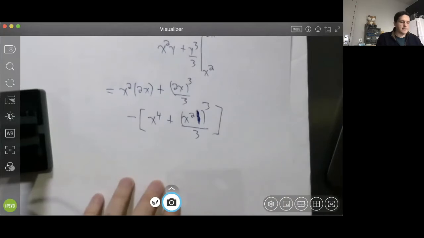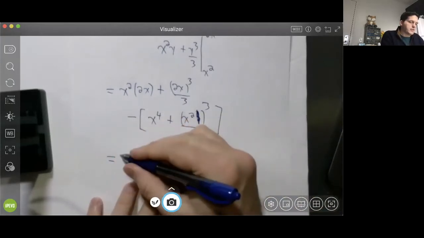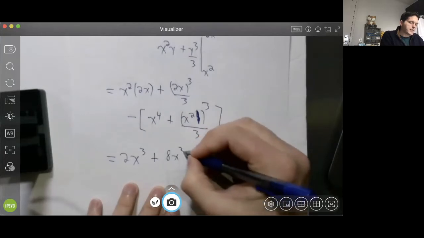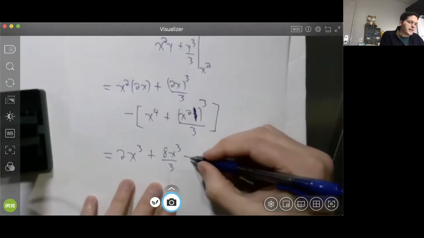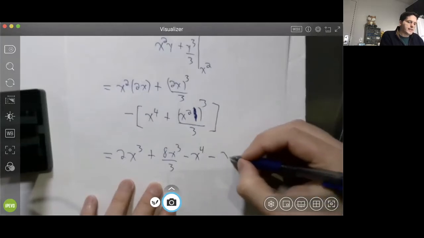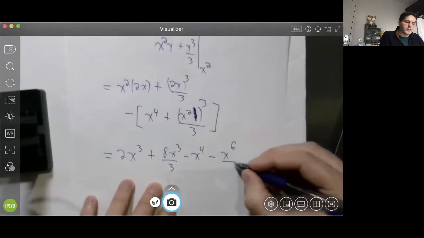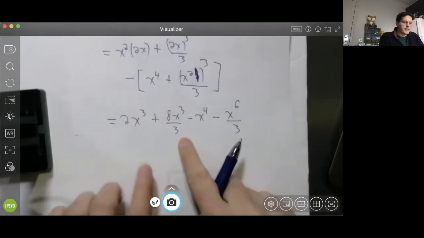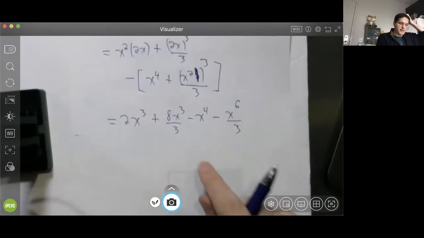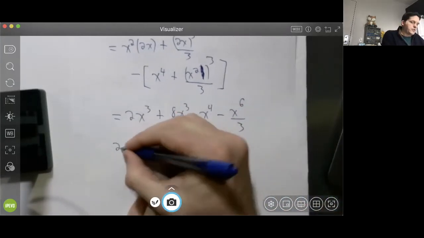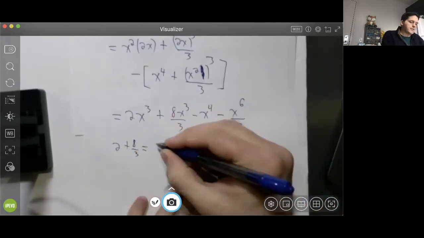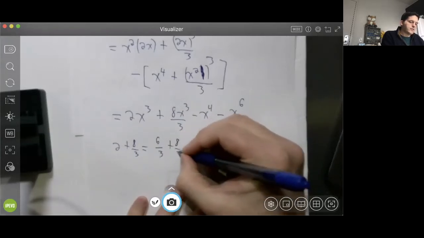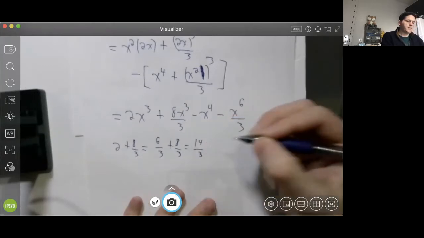Now let's simplify. So this is equal to 2 times x cubed plus 8 times x cubed over 3 minus x to the fourth minus x to the sixth over 3. This is what the inner integral reduces to, and we can combine these two terms here. So 2 plus 8 over 3 is equal to 6 over 3 plus 8 over 3, so that's 14 over 3.